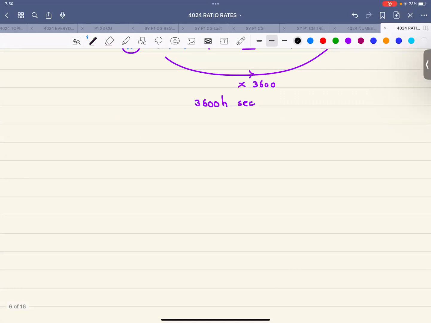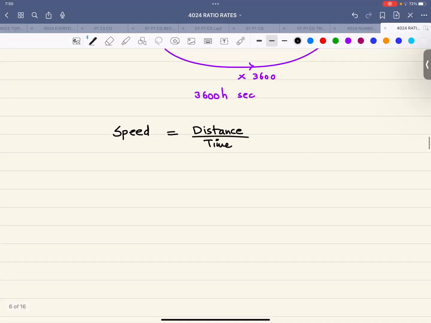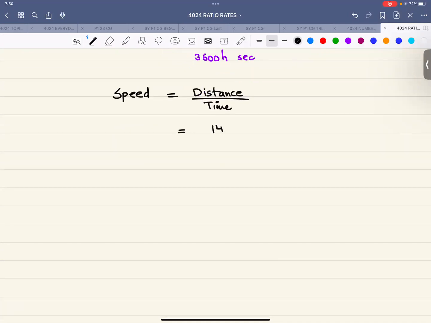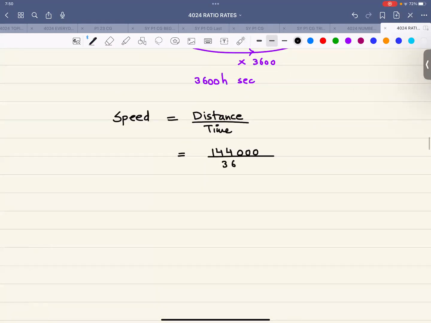Now, the formula for speed is distance divided by time. Distance is in meters, that is 144,000. Time is in seconds, that is 3600 H seconds.